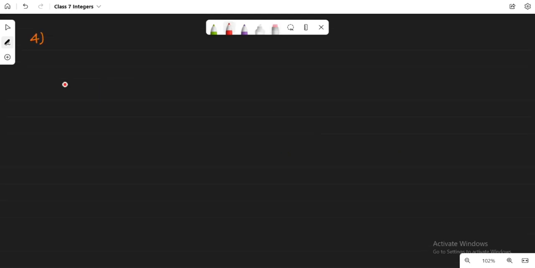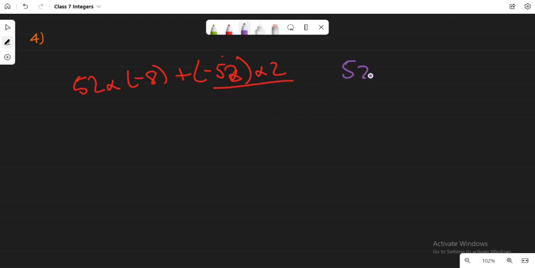Now the inverse of the distributive property. For example, 52 into minus 8 plus minus 52 into 2. Minus 52 into 2 can be written as 52 into minus 2.